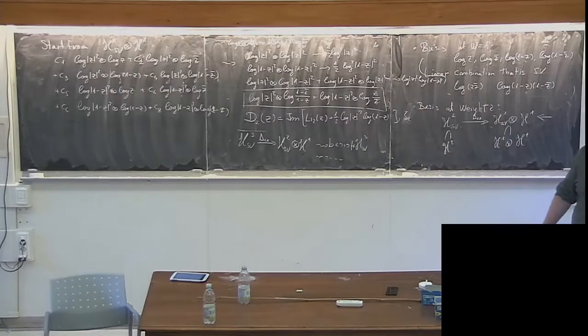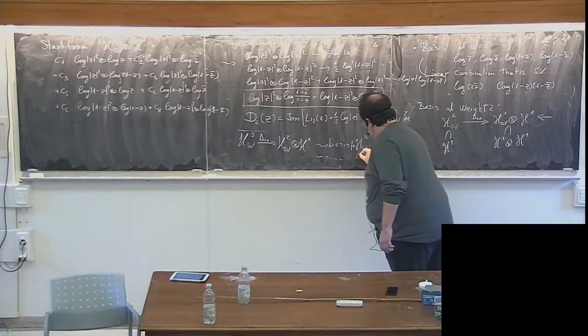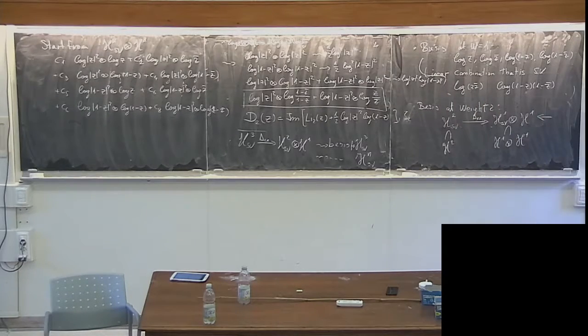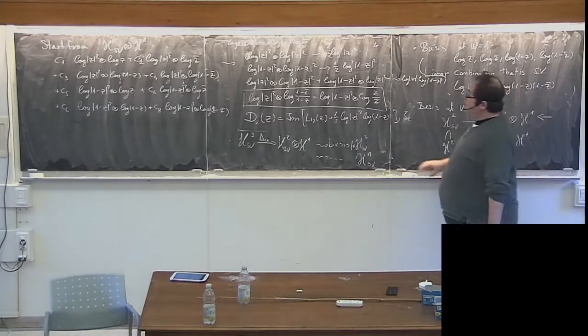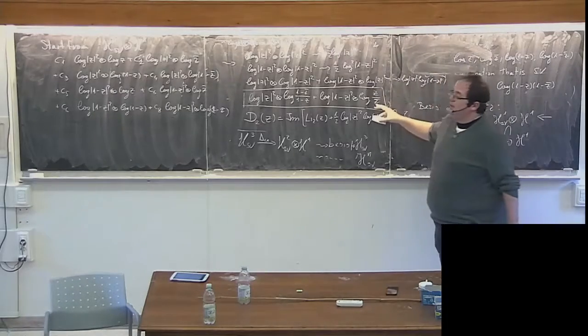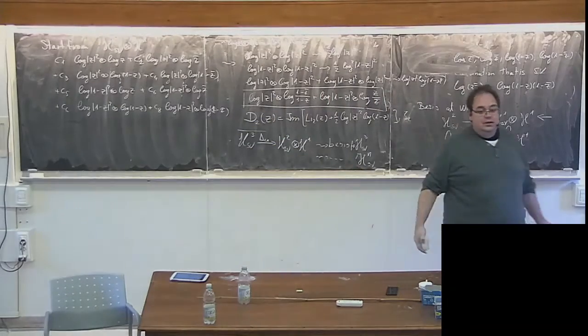You can bootstrap your way up and construct a basis for H single valued at weight n. If you do that, that's just combinatorics. It becomes very tedious at some point because you get more and more coefficients, but it's combinatorial.